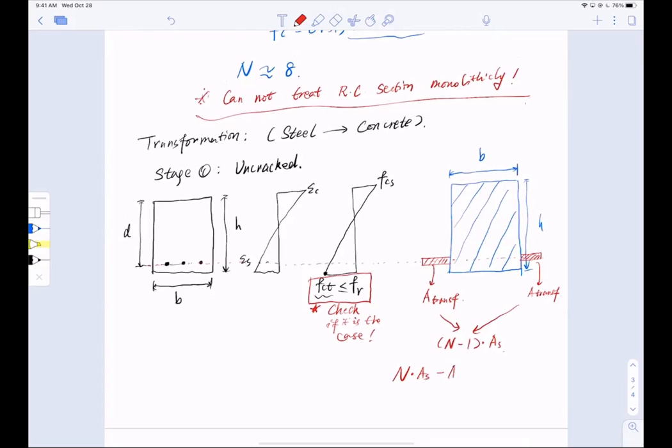So I have to remove its own area, and that's where it comes from. Essentially we use a solid blue block added by these little red wings, at the same height as the reinforcement, with an area of (n minus 1) As.